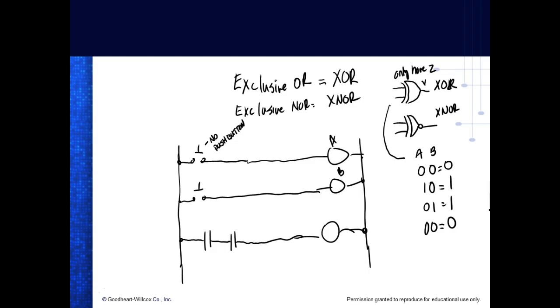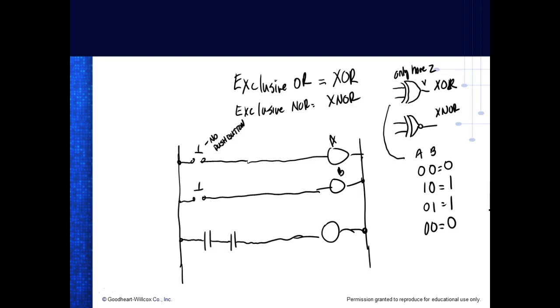Yeah, for an exclusive OR, this says if they're not the same, I'm going to get a what? A 0. Oh, makes sense. So here, if they're not the same, the rung will be true, right? If they are the same, the rung will be false.